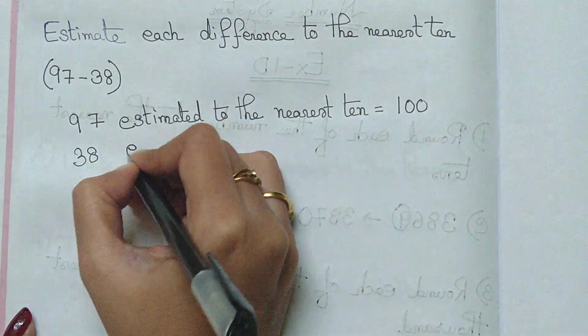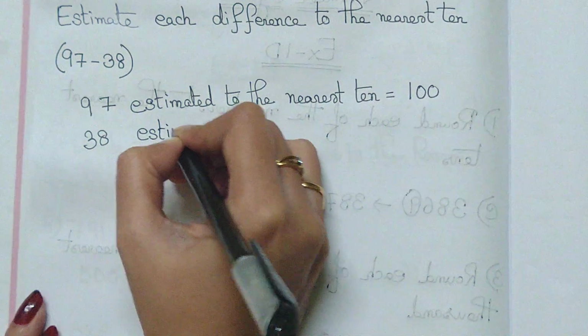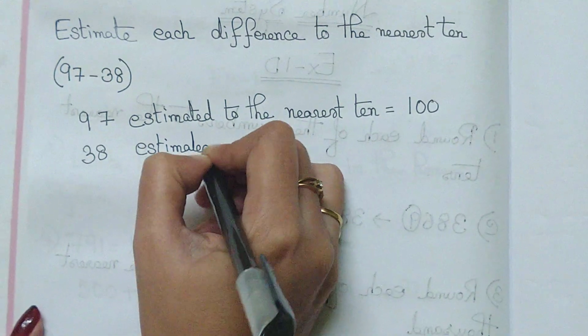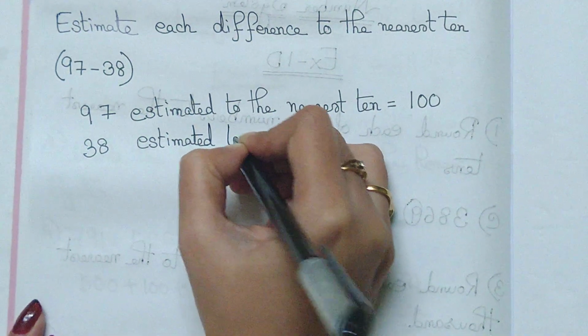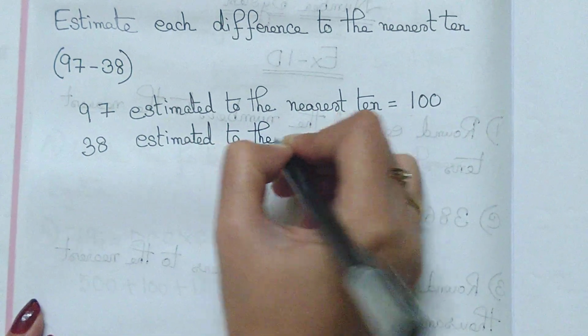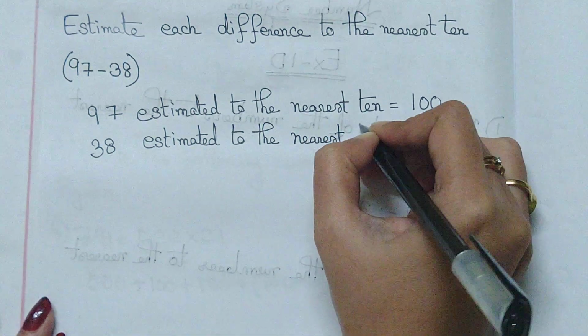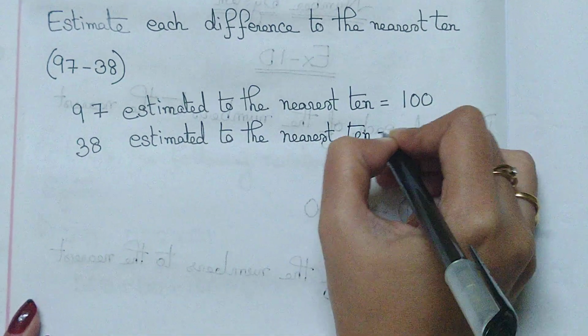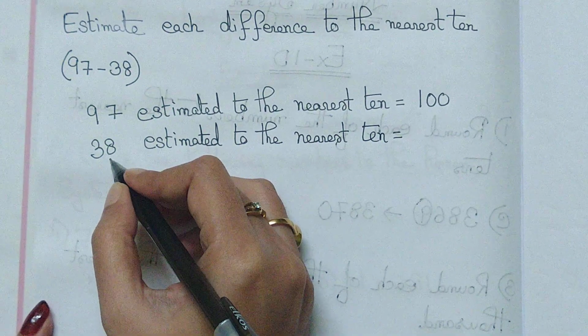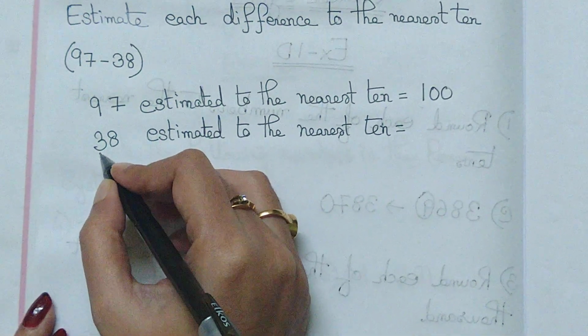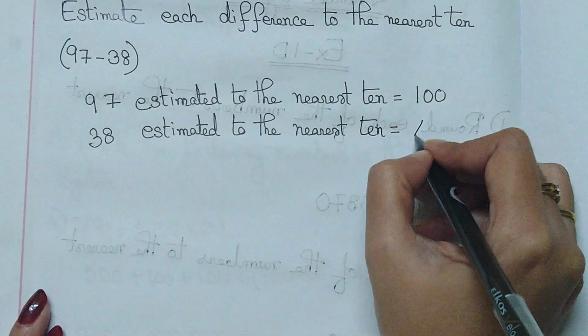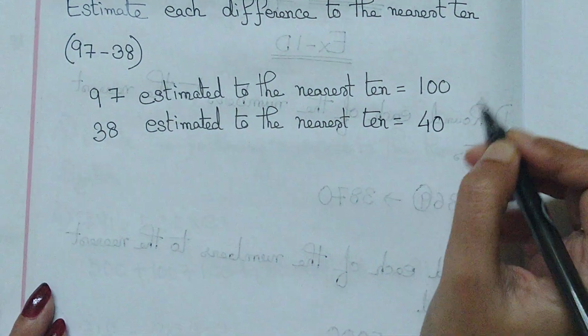38 estimated to the nearest tens will give you, again 8 is greater than 5. So 1 will be added up with 3, gives you 4 and 0.